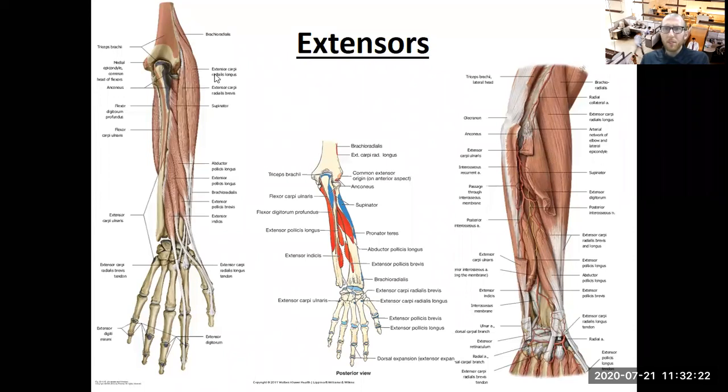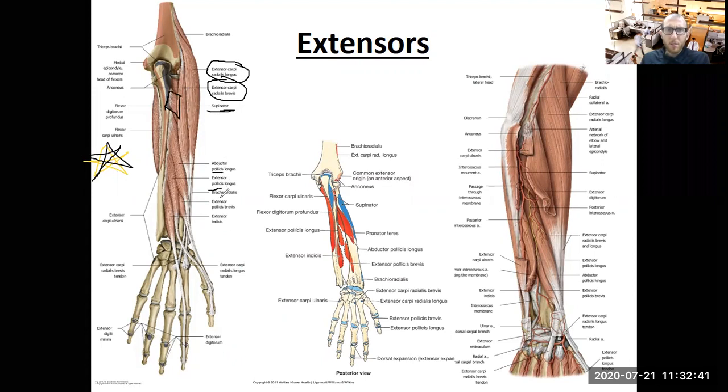Here we can see a few different levels of the extensors. You can see a lot of muscles have been removed over here to expose the deeper muscles. You can still see the extensor carpi radialis longus and brevis, but now you can see that supinator, which is deep in there. But let's add in the pollicis muscles.